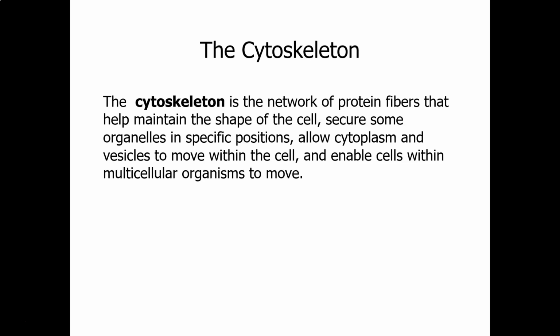The cytoskeleton in the cell is the network of protein fibers that help maintain the cell's shape, hold the organelles in their places, and allow the cytoplasm and vesicles to move within the cell. And it enables cells within multicellular organisms to move.